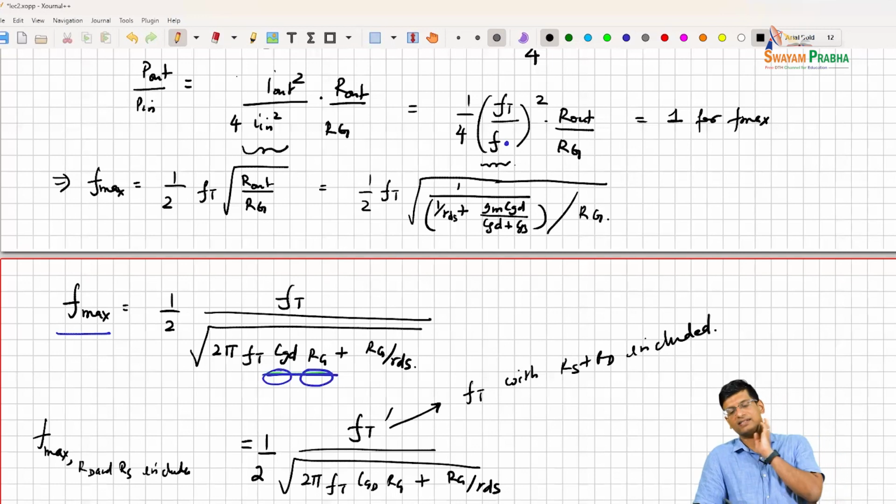So your F maths gets degraded further because of RD and RS, right?